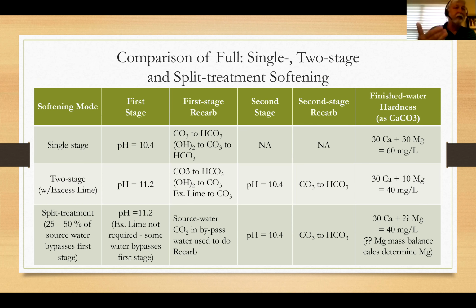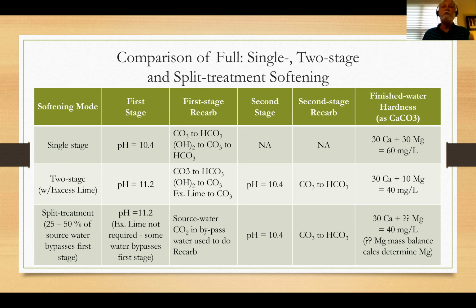So again, first stage recarb, CO2 takes the calcium carbonate to bicarbonate, it takes the magnesium hydroxide to carbonate, and it takes the excess lime to carbonate. It's 2-stage, so I don't add 2 CO2s for every magnesium carbonate. I only add 1. But look at what I have to do. I have to add CO2 to my excess lime to precipitate it as calcium carbonate in the second stage.